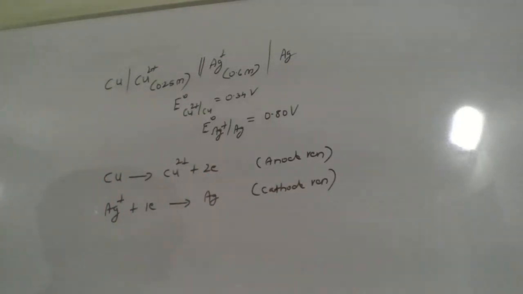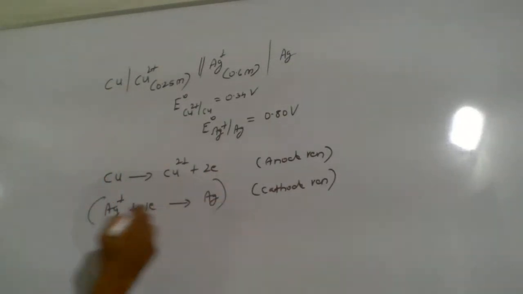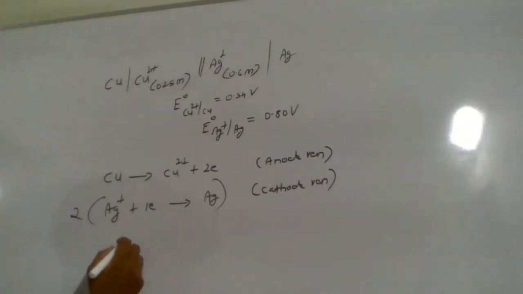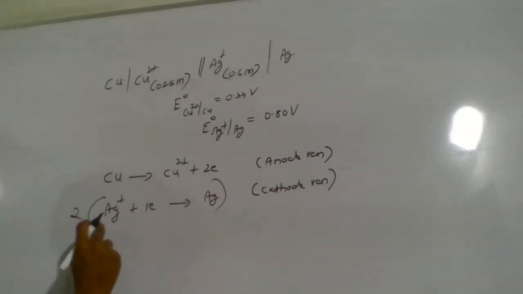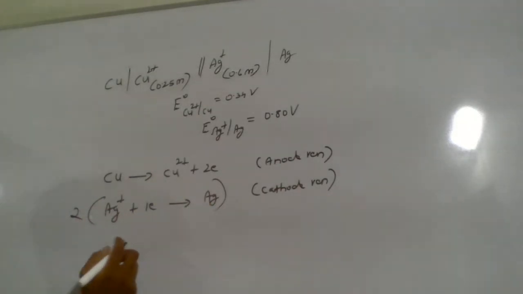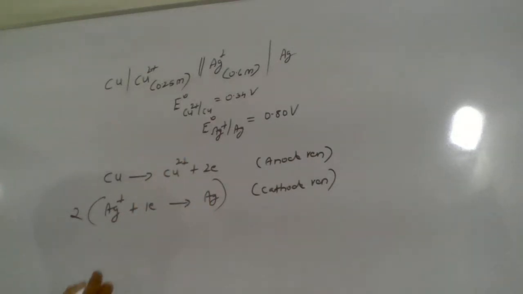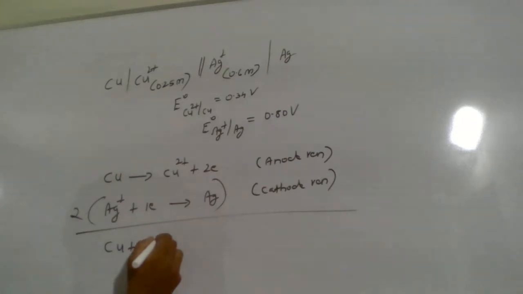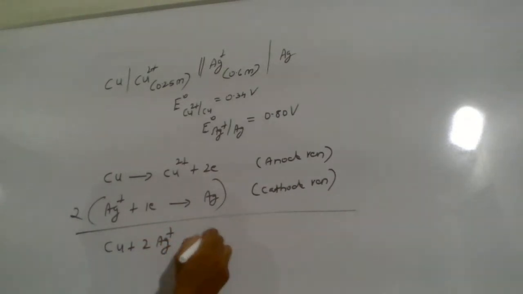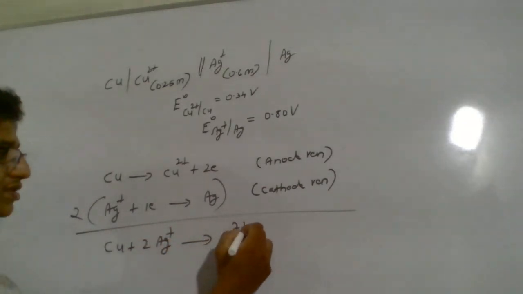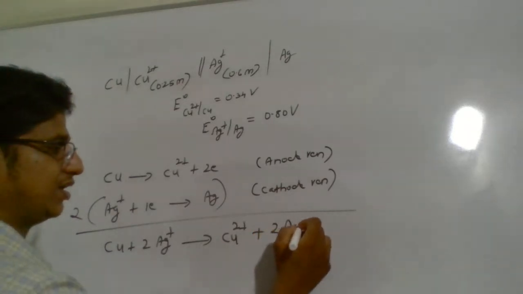So you have to multiply this whole equation by 2 to make it equal. So you will get 2Ag+ plus 2 electrons gives 2Ag. The 2 electrons will be cancelled. So the overall reaction will be Cu plus 2Ag+ gives Cu2+ plus 2Ag. That will be the equation.